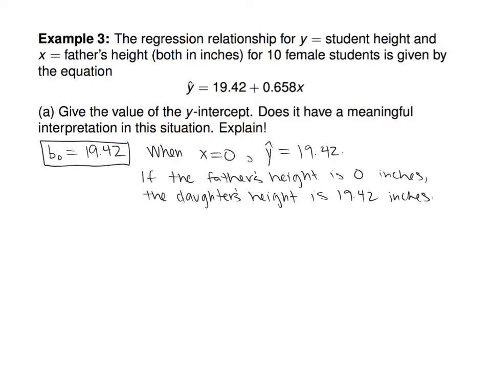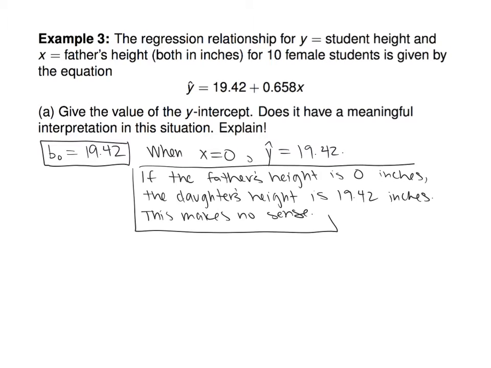Okay, so obviously this makes no sense. You cannot have a 0-inch tall father, and probably 19.42 inches. Ooh, you know, that's less than 2 feet. I don't know what the shortest human on record is, but my suspicion is that they're probably bigger than that.